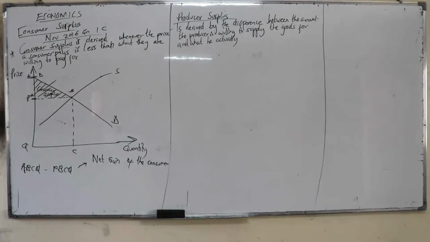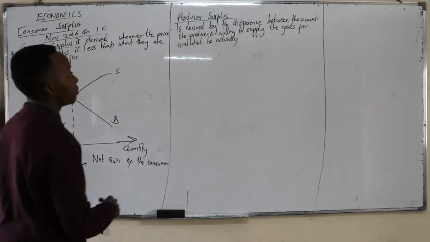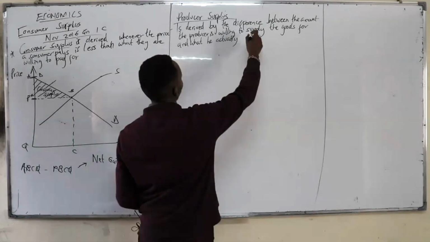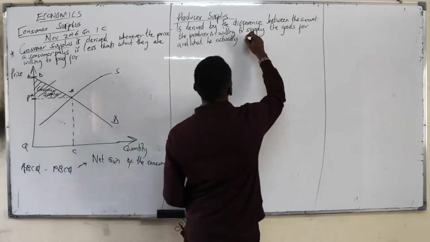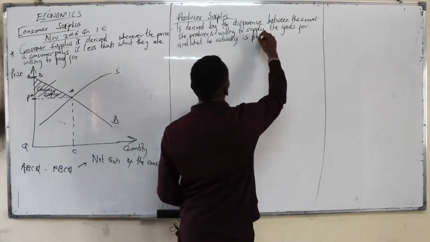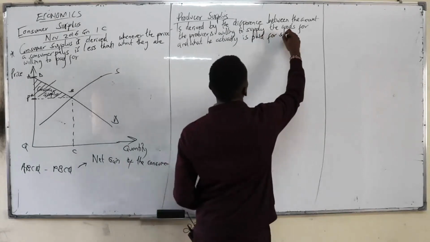This concept of surplus is whereby each and every one of these two types of individuals will benefit. It's derived by the difference between the amount the producer is willing to supply for and what he actually is paid for supplying.